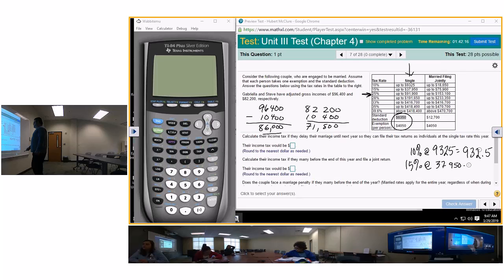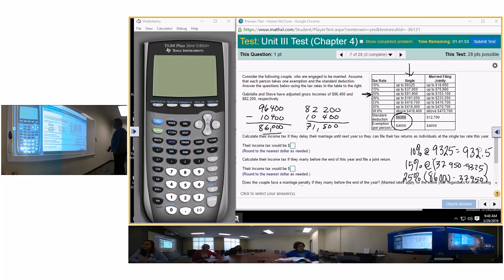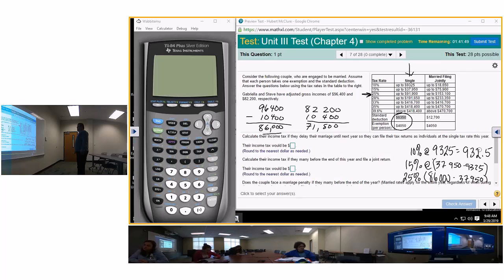minus 9,325. And then the last one is going to be 25% times your total, which is 86,000, minus 37,950. Now y'all gonna have to calculate that because I only got one calculated, and that's the 10%.